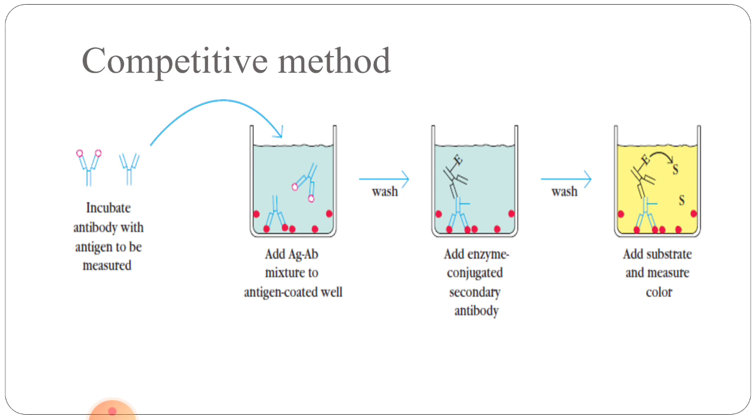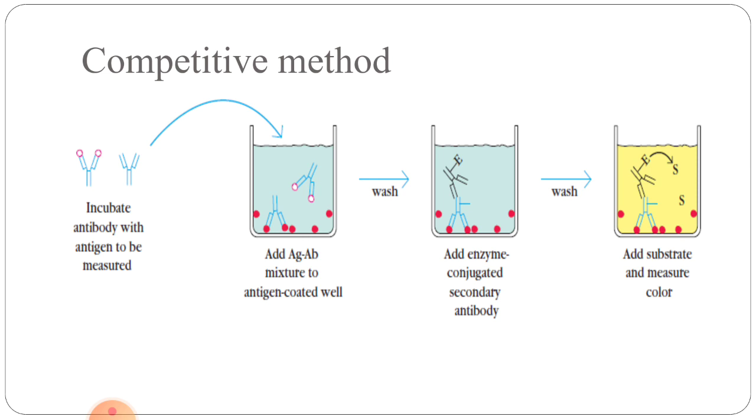In this method, first the antigen and antibodies to be measured are incubated outside the well, then the mixture is added to antigen coated wells. So, only the free, unbound antibodies come and bind to the antigens which are coated onto the well.